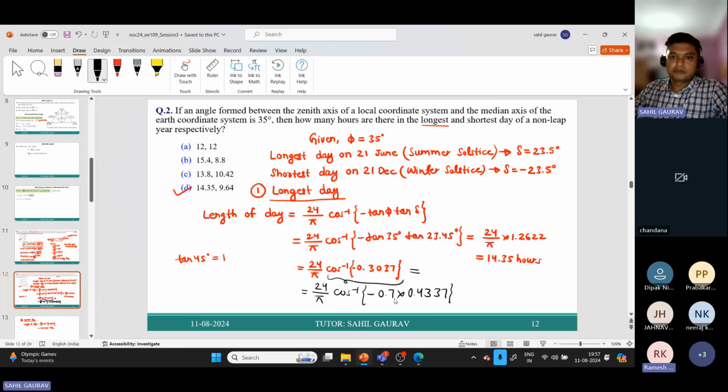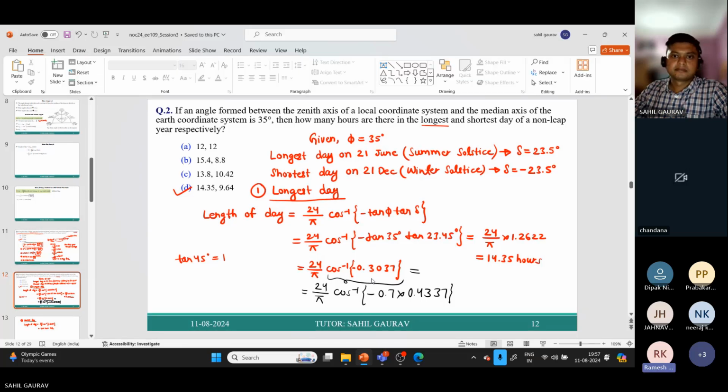So this value in 24 upon pi should be in radian. Got it. Thank you, sir.